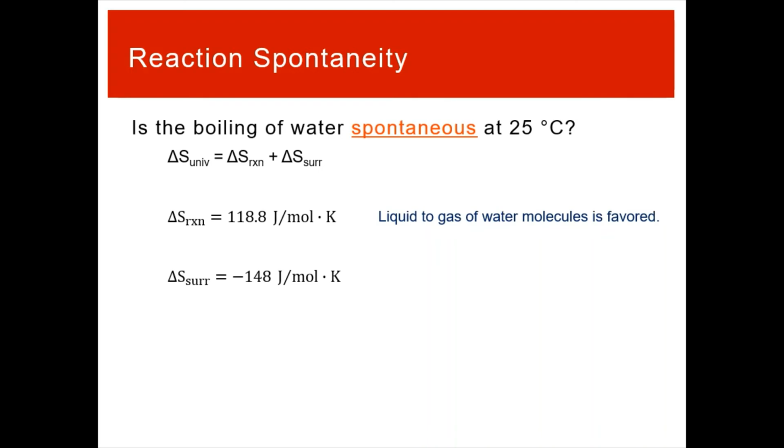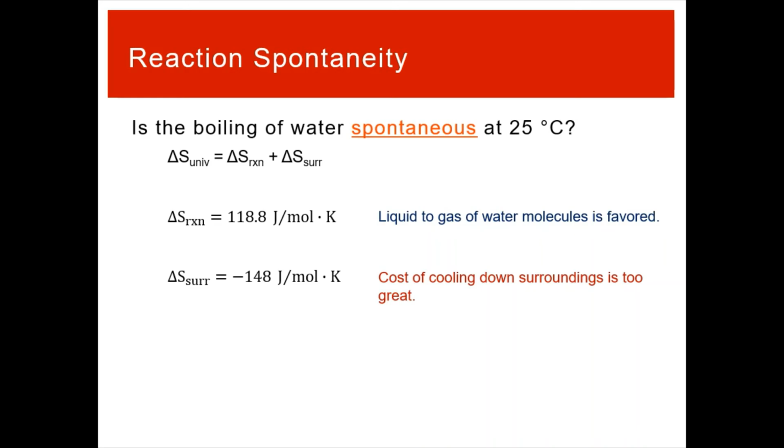Water molecules not being in a liquid is generally something that would be favored from an entropy perspective. But there's a cost to it. This is an endothermic process, and if those molecules were to go from liquid to gas, it would cool down the surroundings, say, in the case of the pot that you're in, and that would decrease the entropy of that pot.